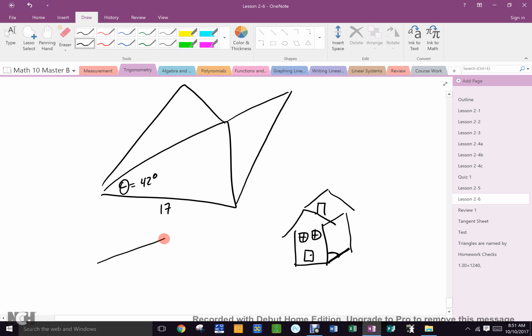If I draw something like this, can you do trig on that triangle? Look again. Can you do trig on that triangle? Why? Okay, I'll give you two numbers. 7, 18. Can you do trig on that triangle? No, why not? No right angle. What if I drew it this way?